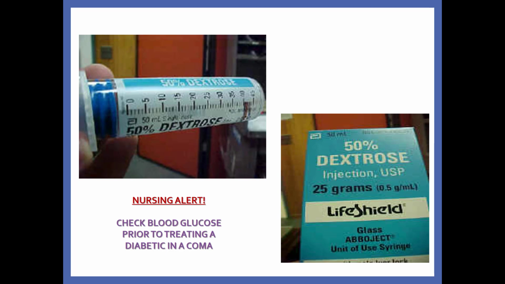If the blood sugar is still below 70, then you repeat the other half amp of D50, so you would give the last 25 mils. D50 does raise blood sugars very quickly, so usually there is a quick effect.